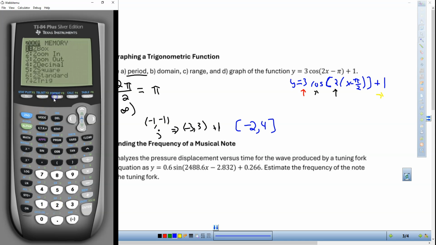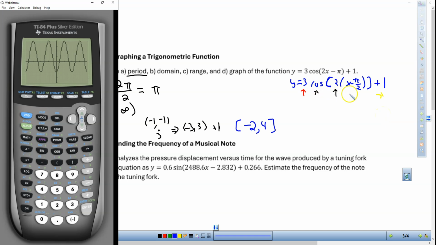And for this purpose, we can go to our zoom. We have, of course, a trigonometric one, so let's go ahead and see that one. And you can see here is our function that we have created. So if I needed to sketch this, I would have a good reference here that I can use to sketch this graph of 3 cosine (2x minus pi) plus 1.